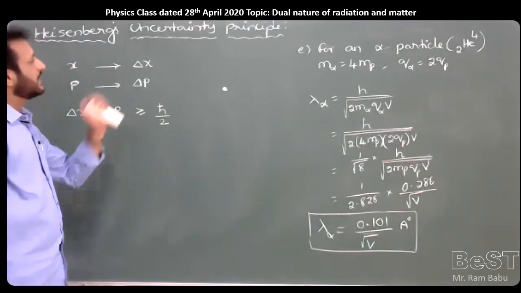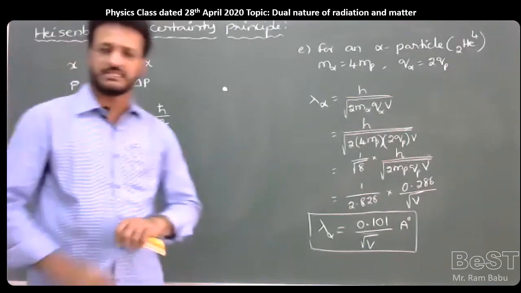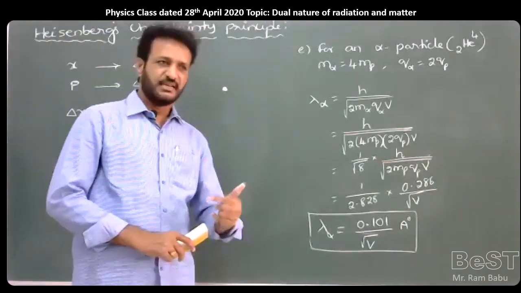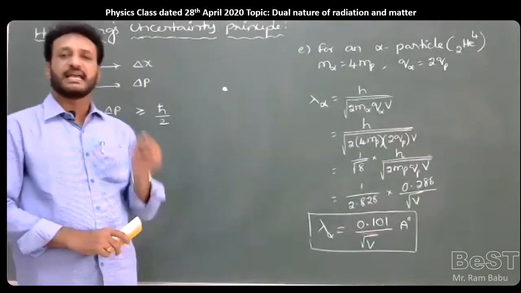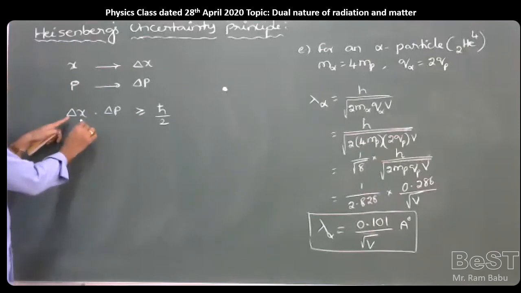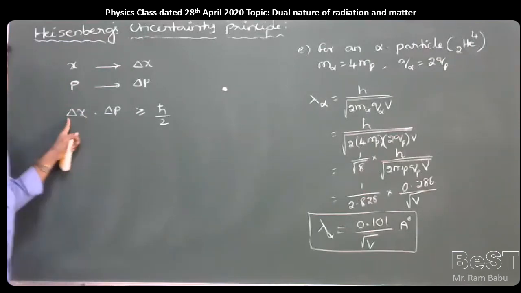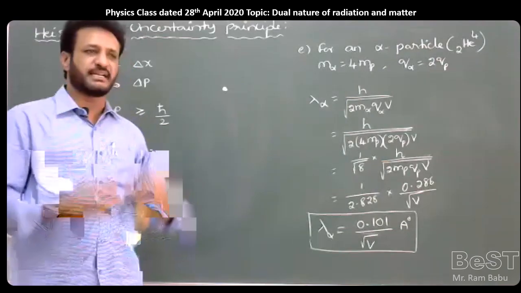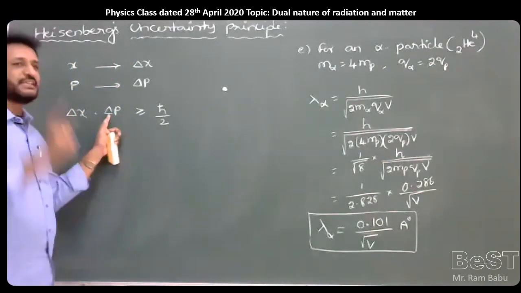So according to Heisenberg's uncertainty principle, it is difficult to find both the position and the momentum of a particle accurately and simultaneously. If delta x is equal to 0, meaning without any error I calculated the position of the particle, then delta p may be infinity.